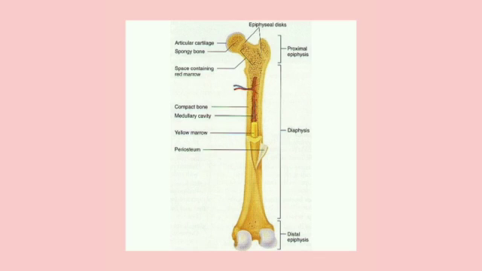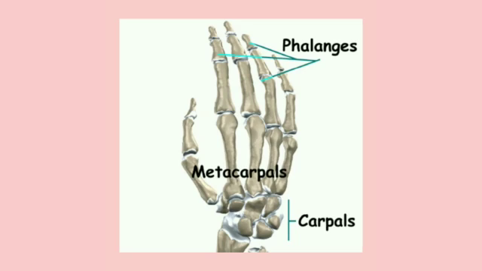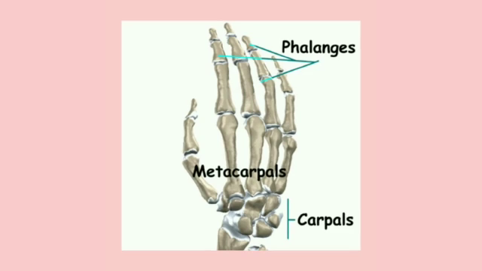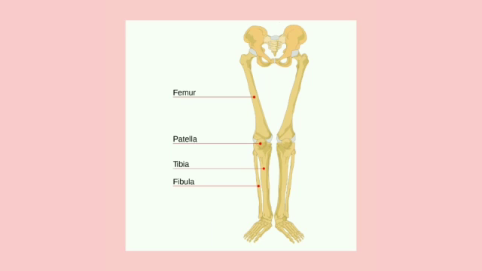The length of the vertebral column is around 70 centimeters. It protects the spinal cord. The skull protects the brain, the ribs and the sternum together protect the heart and the lungs, and the vertebral column protects the spinal cord.